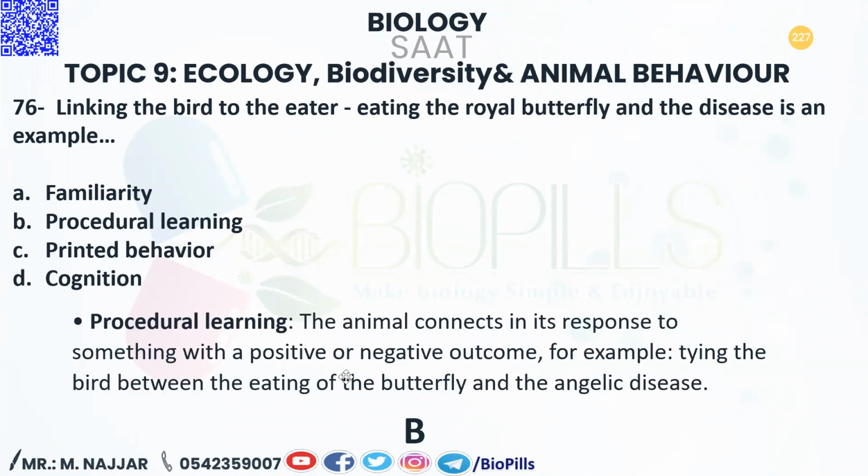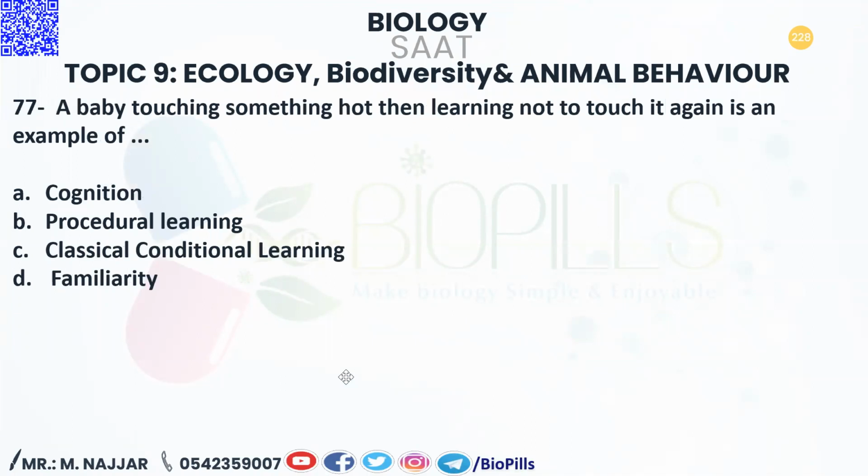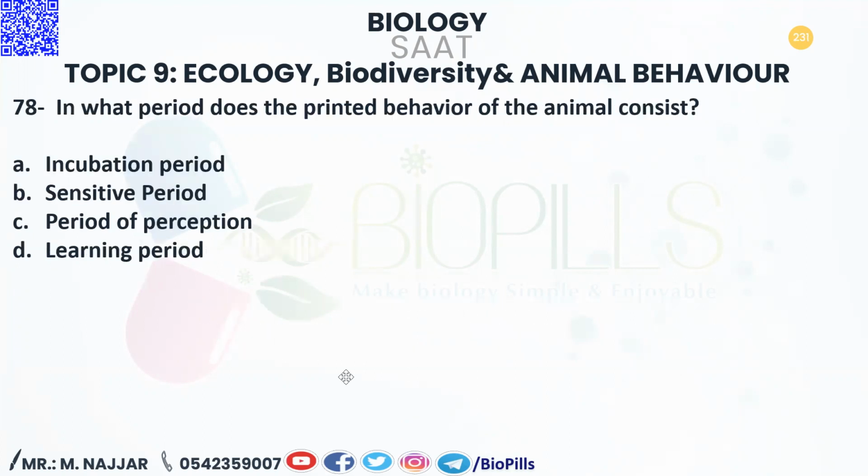I will not go through it again. Question number 77: the baby touching something hot, then learning not to touch it again, is an example of A, cognition, B, procedural learning, C, classical conditional learning, D, familiarity. Same thing, procedural learning: learning by mistakes or experience. Question number 78: in what period does the imprinted behavior of the animal occur?